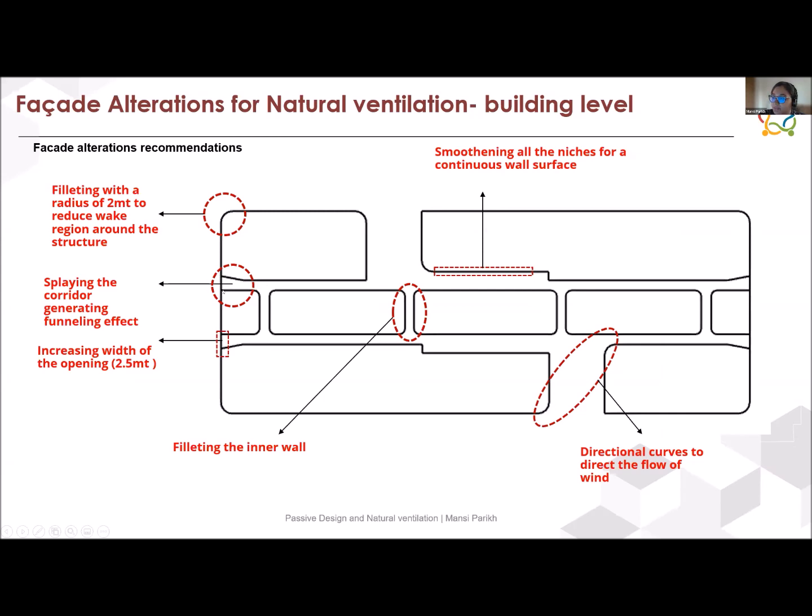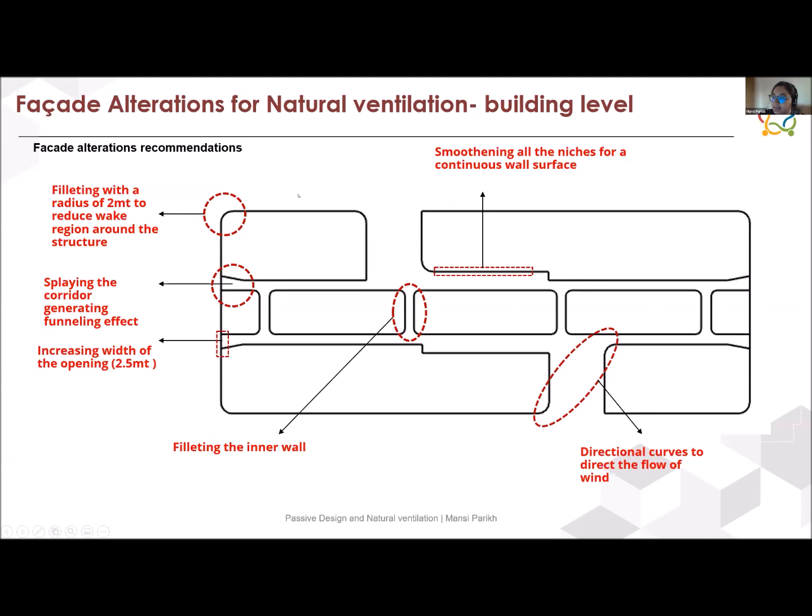There is going to be a window here, and we said splaying this would improve the wind speed and the wind movement. We increased the depth of these particular openings, increased the width of this opening to 2.5 meters, filleting inner walls if possible, and smoothing the niches to get continuous wall surfaces, and having these diagonal curves to improve the wind movement in the spaces.